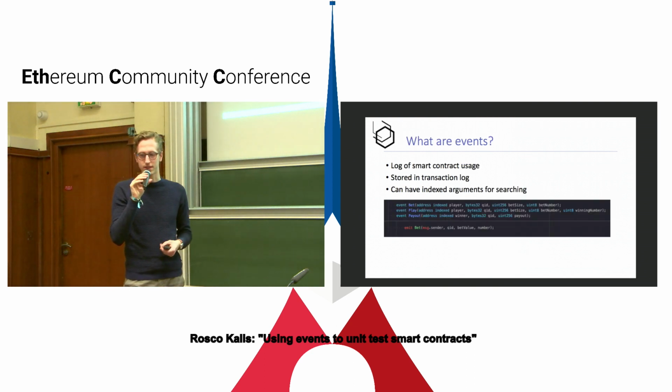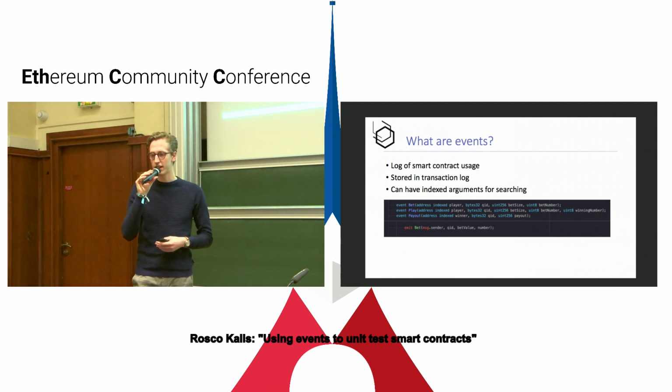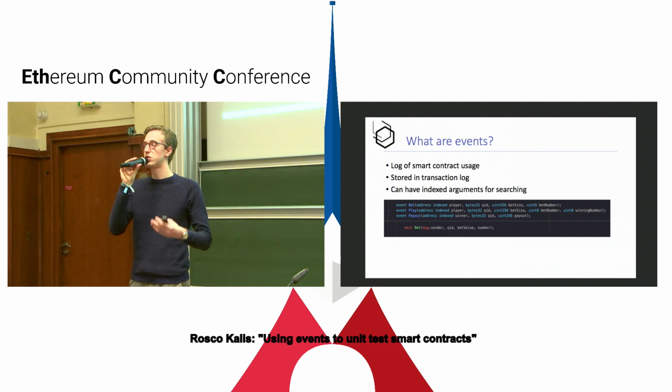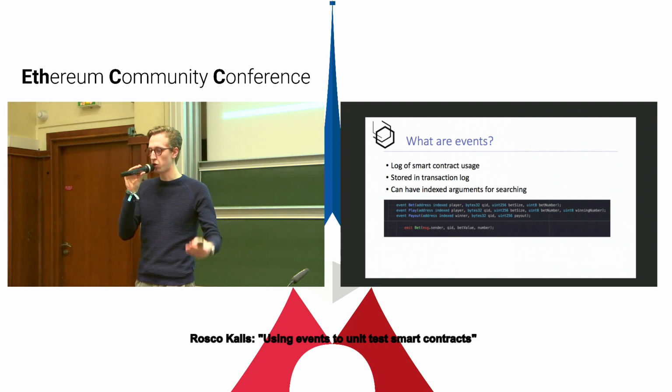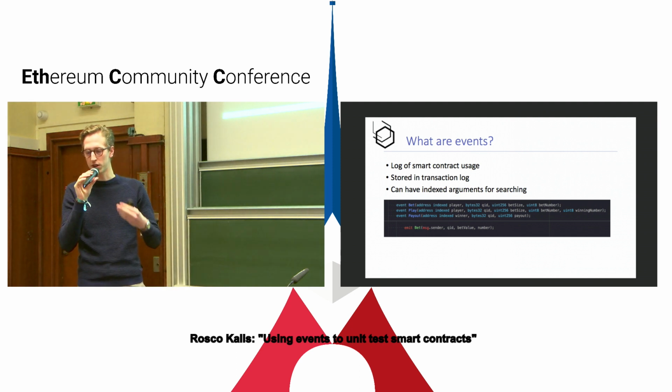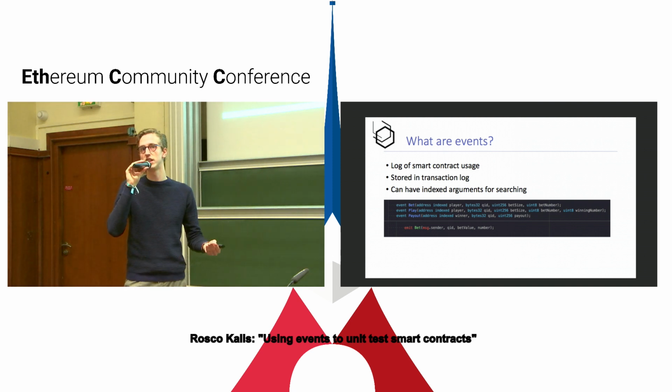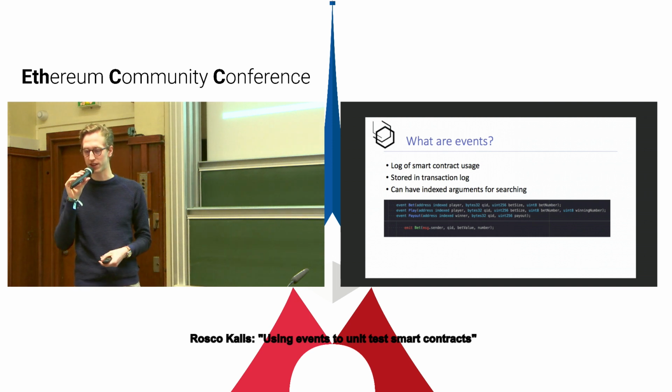So what are events? Events are mainly a sort of log of smart contract usage. They allow you to show what's happening in your contract, in a way that is not actually stored on the blockchain, but is stored in the logs of the transaction.